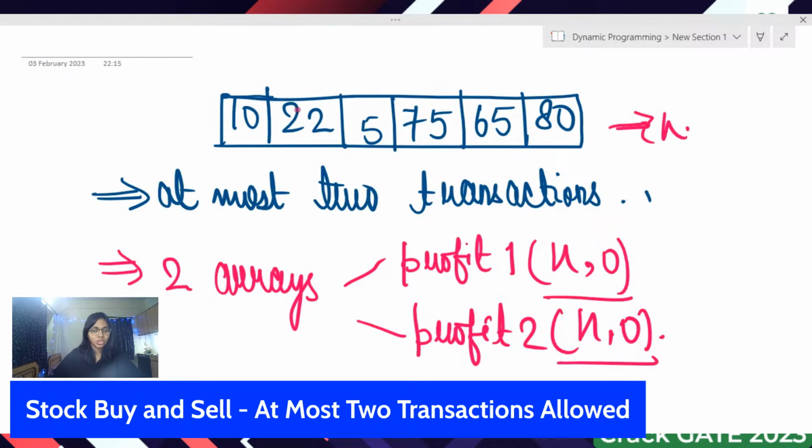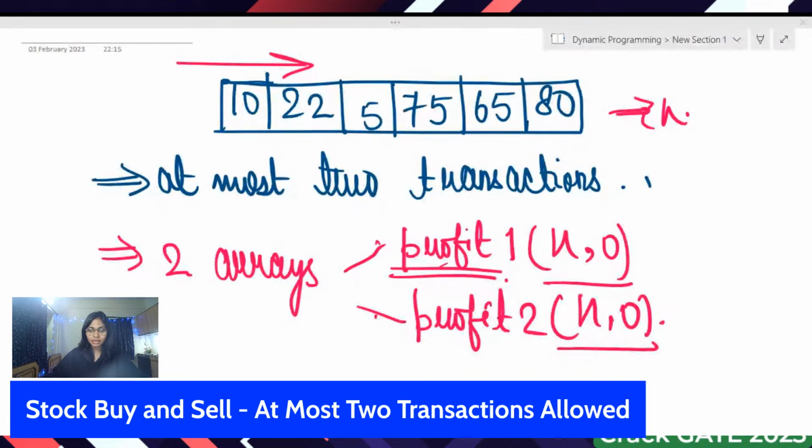The first array, profit 1, will contain the profit. You just need to do the linear traversal that you did in the case of making 1 transaction, and at every point you will update it.